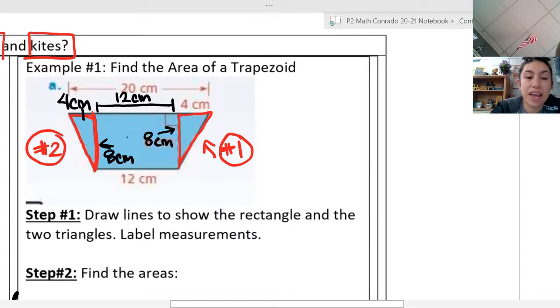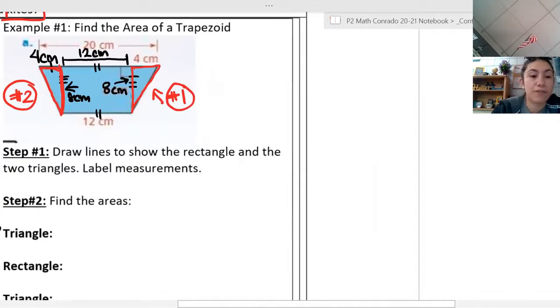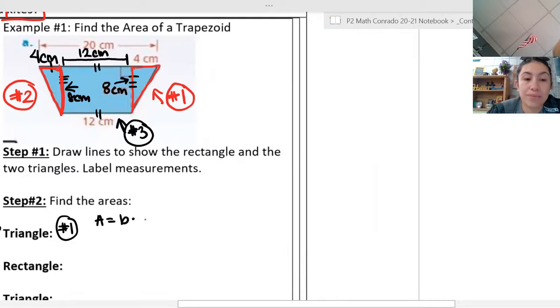So now let's find the areas in step number 2. Let's find the area for the triangle. For a triangle, we have the area formula of base times height divided by 2.